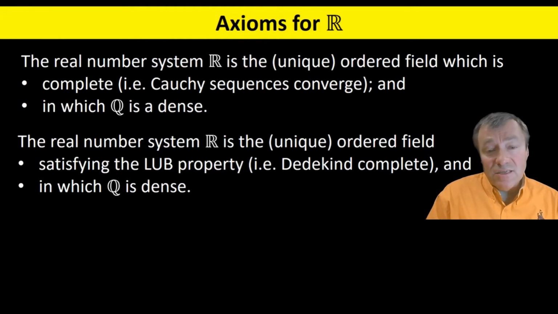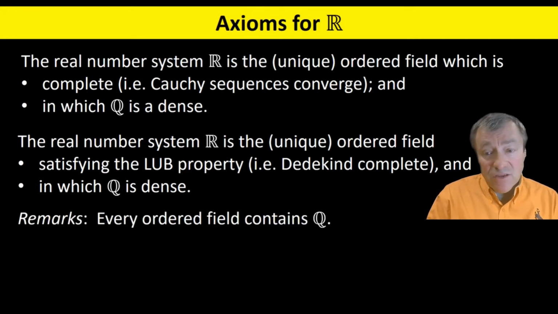This Dedekind completeness axiom is not something that applies to general metric spaces because it requires ordering. But in the context of the other axioms, the least upper bound property carries the same power as the fact that Cauchy sequences converge. So these are two alternatives for a set of axioms for the real number system.